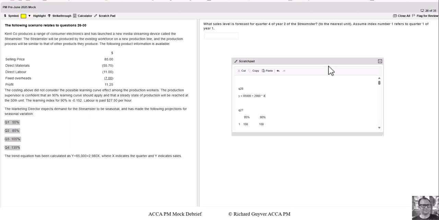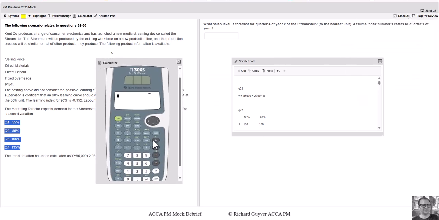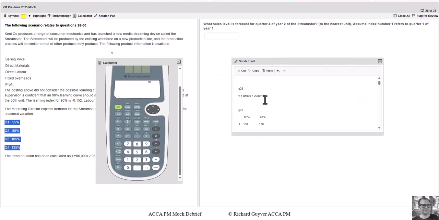So y is 85,000 plus 2,980 lots of x, and x indicates the quarter, and we're in Q4 of year 2, so that's 8. Using my calculator, that gives a value of y of 108,840.